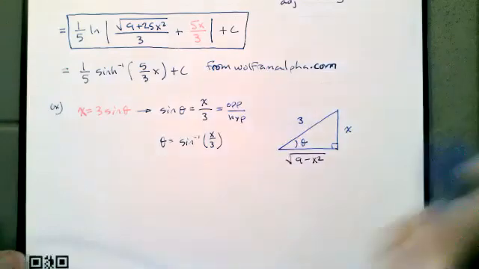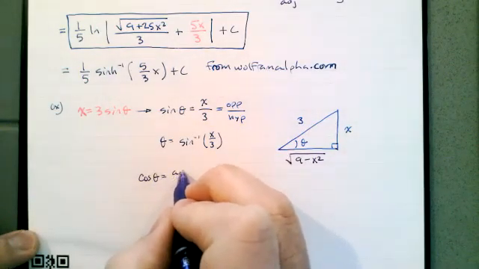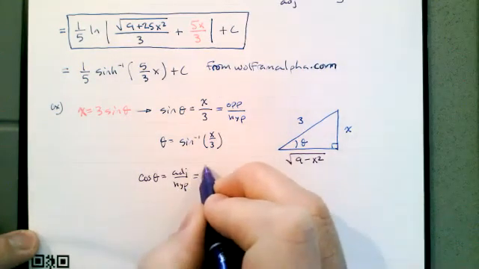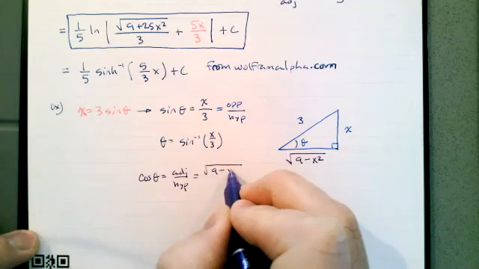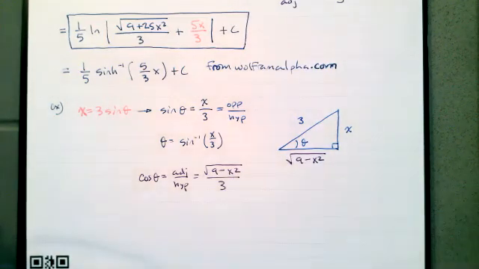Then we write cosine of theta as adjacent over hypotenuse. Adjacent is the square root of 9 minus x squared, and the hypotenuse is 3. Now we have expressions for sine of theta, theta, and cosine of theta, whatever might show up.